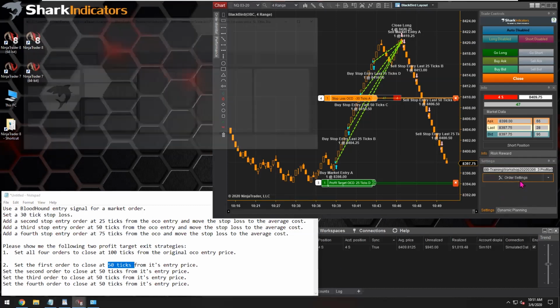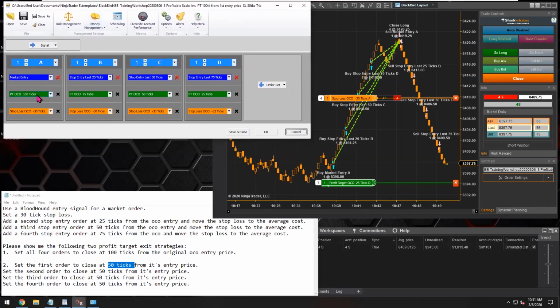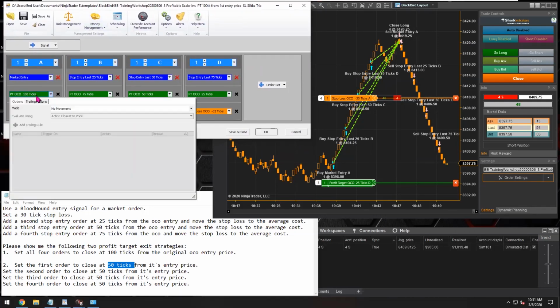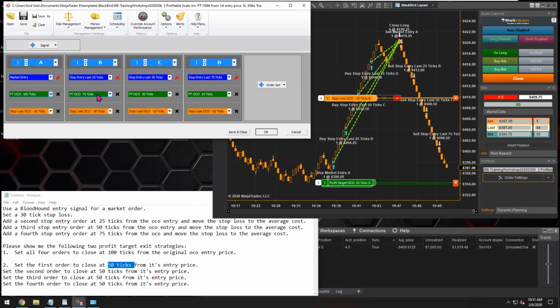So all you need to do here, and I won't save this file out, is go to the options tab and into our initial placement. Let's adjust that to 50, and it's going to be from the OCO entry price with the 50 tick offset. Let's do that for all the others here.